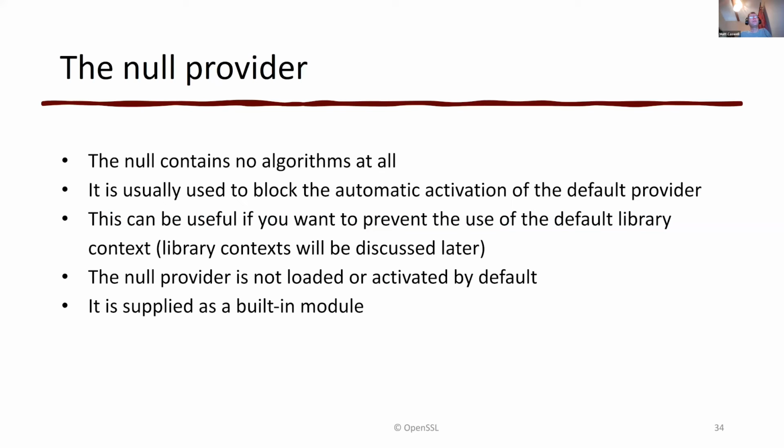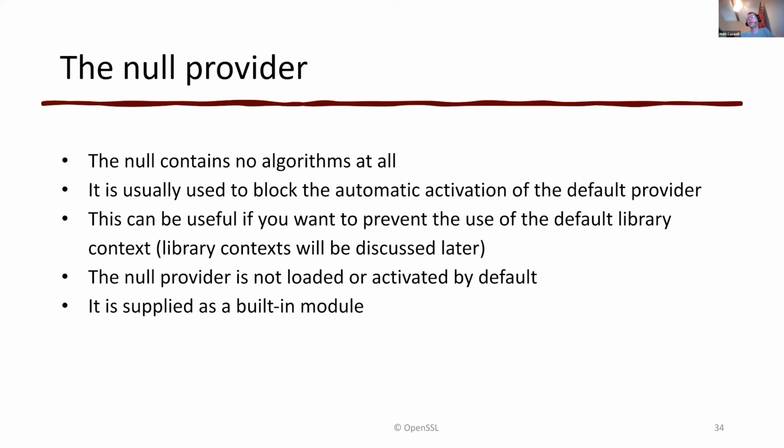And then the final provider that we have is called the null provider, and it has no algorithms at all in it. You might wonder why that's useful. It is useful, and it's usually used to block the automatic activation of the default provider.